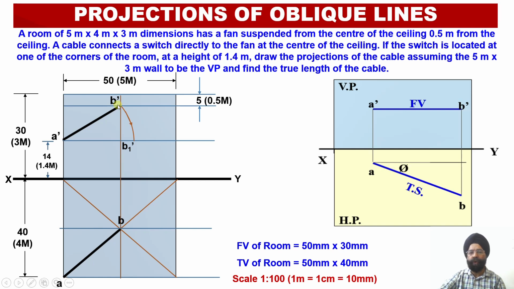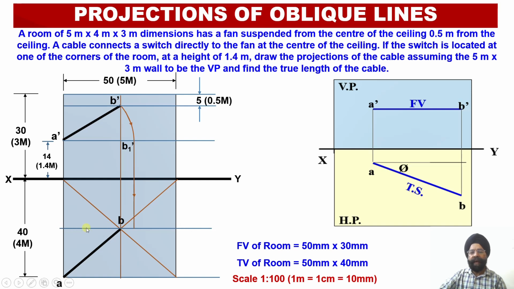So what I am going to do, having rotated this apparent length with respect to this particular point A dash locus line and made it parallel to the horizontal plane, through this point B1 dash, I am going to draw a vertical projector and extend it up to the locus line of the point B.